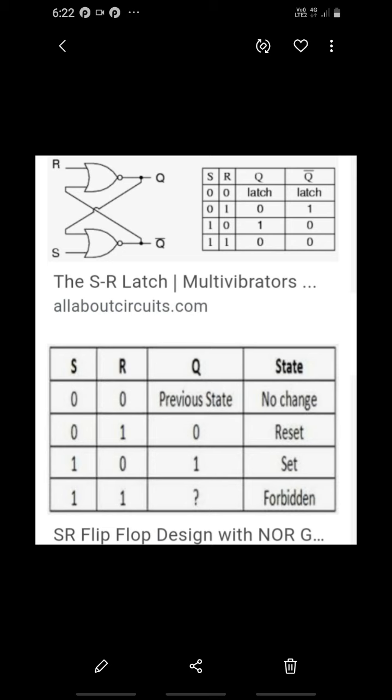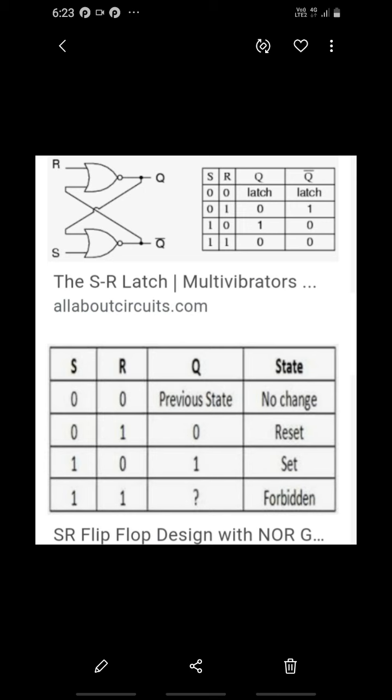Now I am explaining the RS latch using NOR gates.